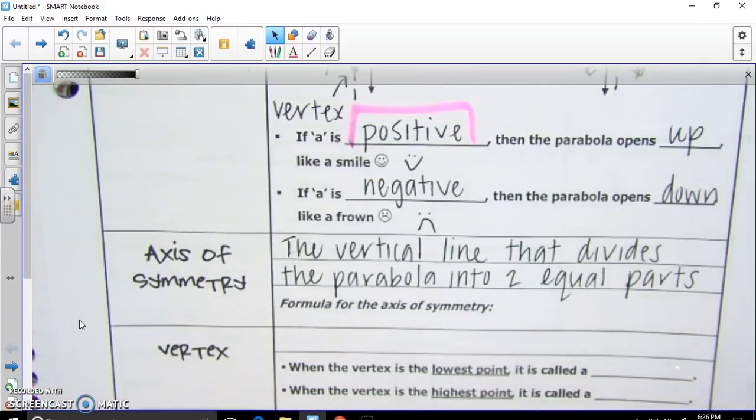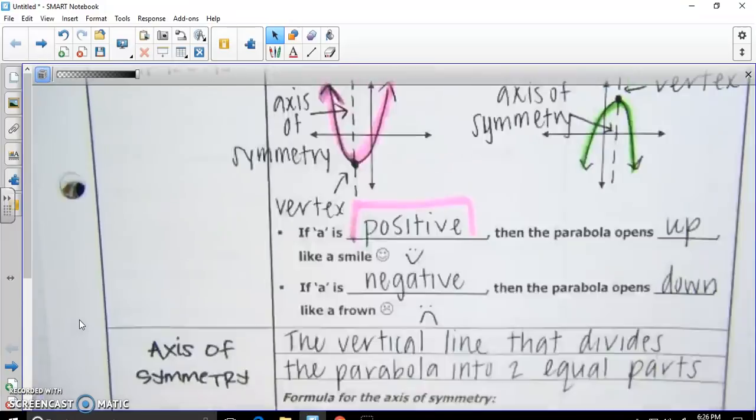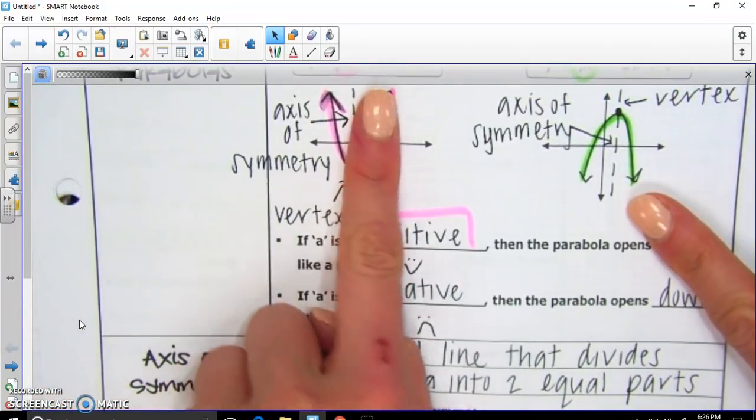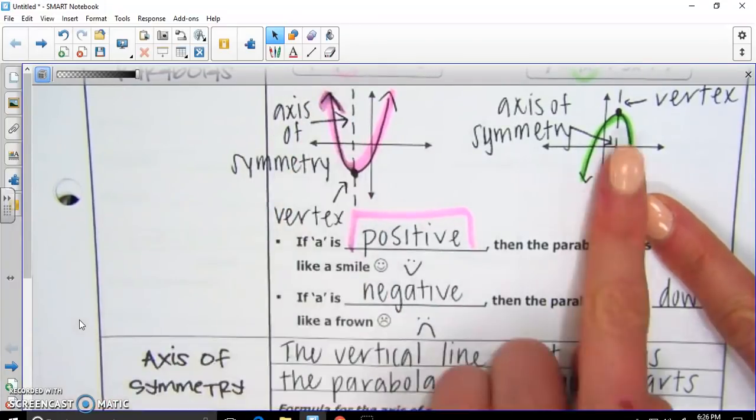Okay, so remember our axis of symmetry in our pictures is that line that goes through the vertex. It's a vertical line and it cuts it in half. So the left side is the same as the right side. It's equal parts.